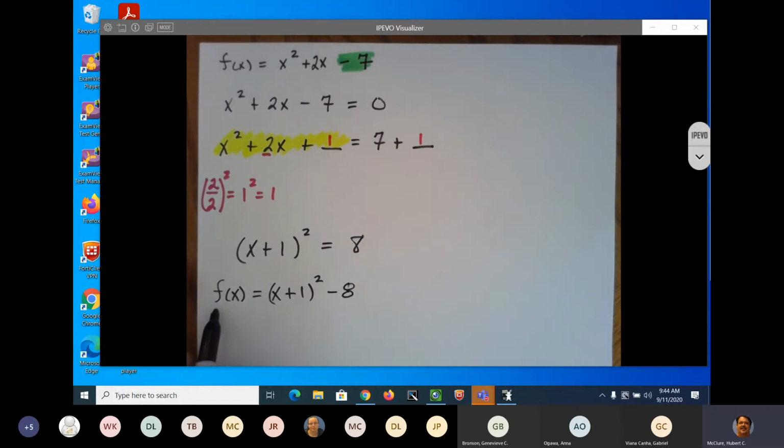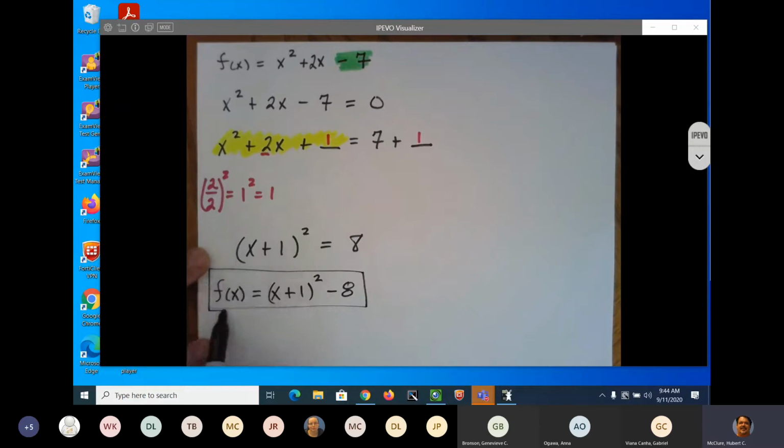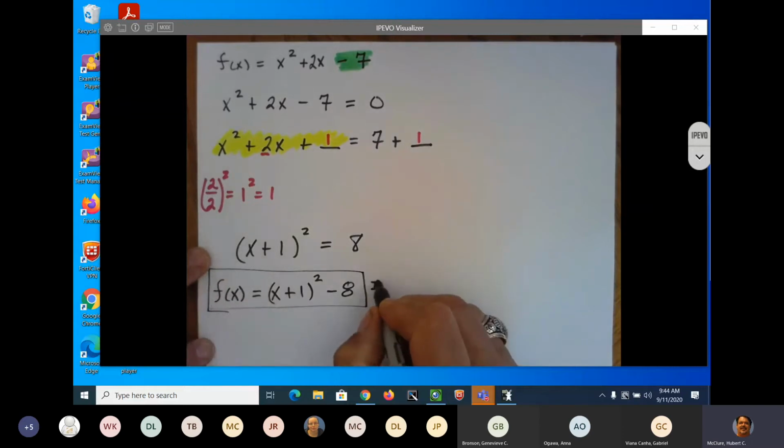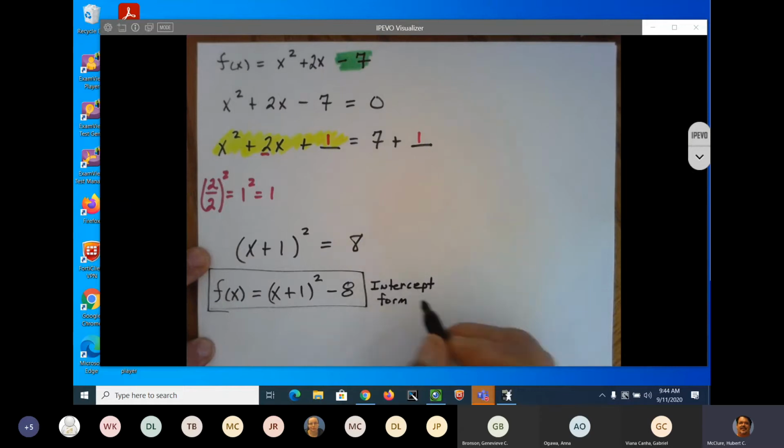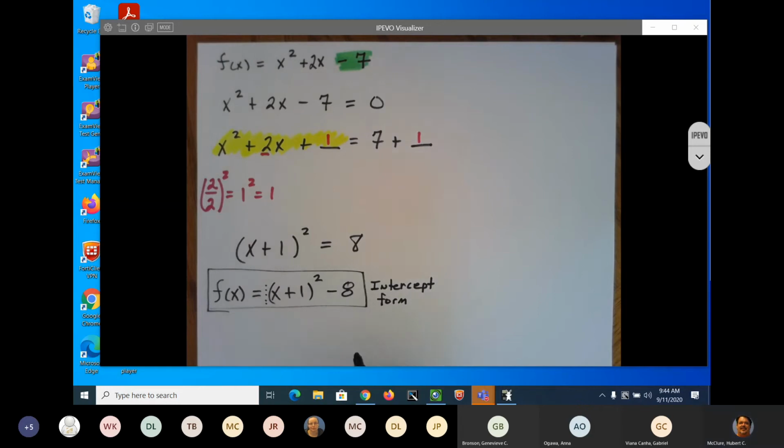I need you to put something around this or highlight it, and this is called intercept form. It may be called standard form. That's the a times x plus h quantity squared plus k. So we know we've got a horizontal shift of 1 and a vertical shift of -8.